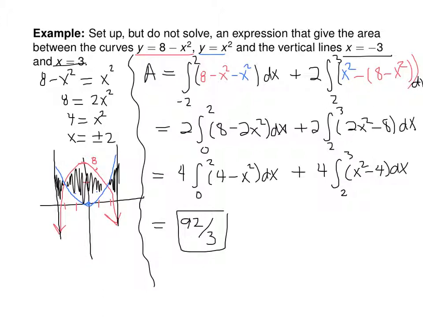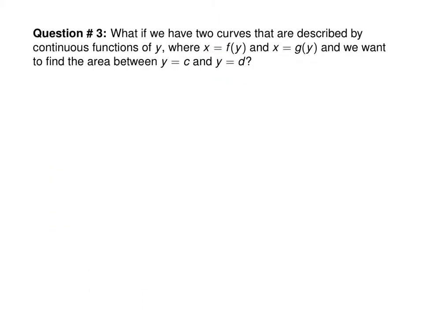So now that we have found the areas between some curves that intersect more than once, we're going to consider some examples where the world turns. Instead of having y as a function of x, what if you have x as a function of y?